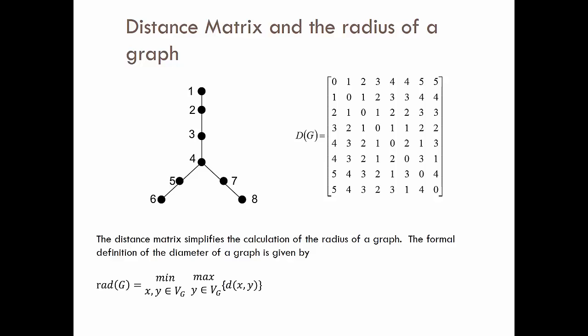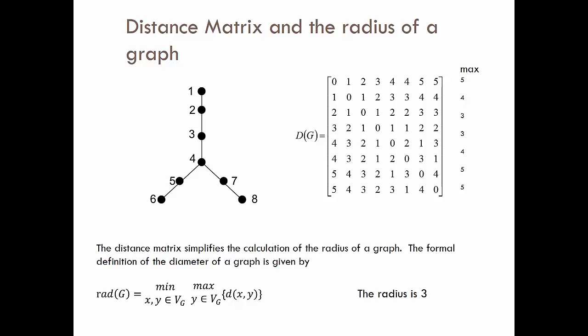Rather, let's back up and look at the first row. Notice that the largest value is 5. So we will have to go at least 5 in order to go from 1 to any other vertex. So let's find the maximum of each row.